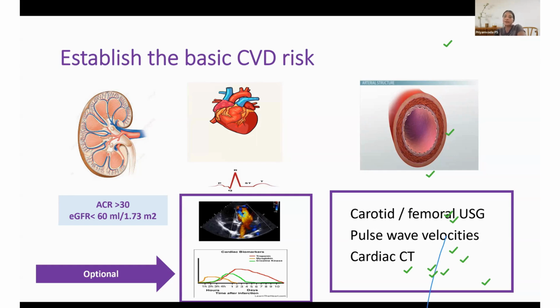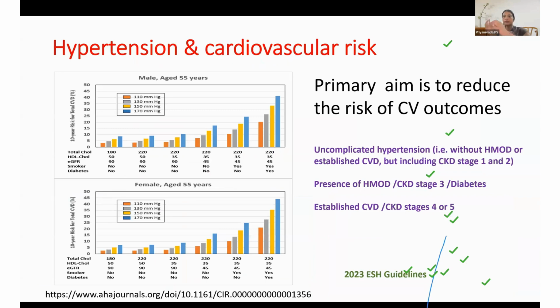And if facilities exist, we can do a pulse wave velocity or a cardiac CT. And if the physical examination is abnormal, then we can further do investigations like an echocardiogram and cardiac biomarkers. Again, this is optional, like the carotid and femoral ultrasound and pulse wave velocities.